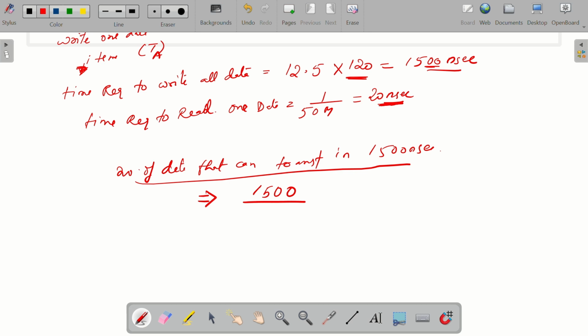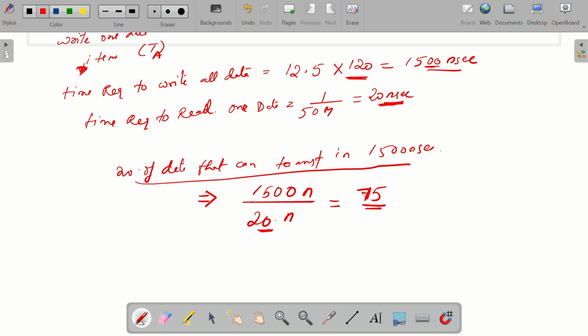That can be found out by 1500 divided by 20 nanoseconds, because 20 nanoseconds is the time required to read one data, and the total duration is 1500 nanoseconds. So this comes out to be 75. This means 75 data items can be written as well as read within consecutive cycles without any idle cycles in between.